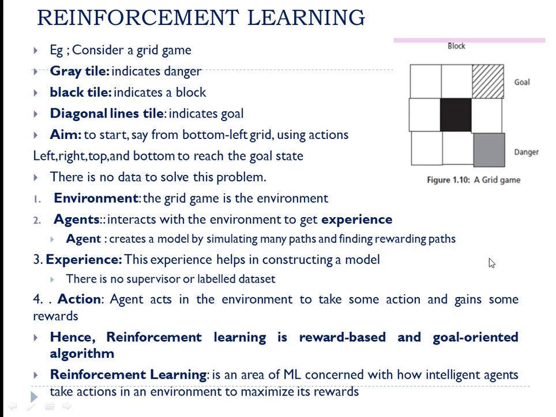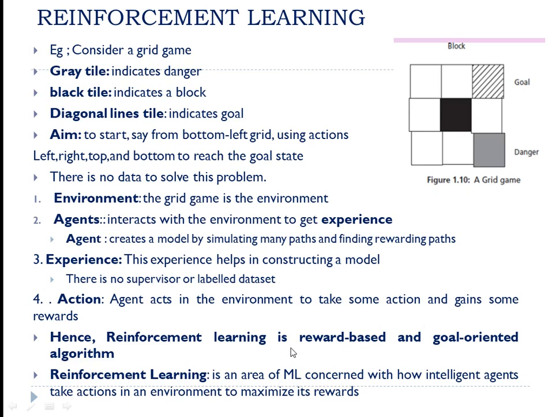The goal of this program is to find positive rewarding paths. As it goes through this grid, based upon these rewards, it goes on building its experience, and the experience will help in constructing a model. I've told you repeatedly, there is no supervised or labeled data set in reinforcement learning. And the 4th term is action. The agent will take some action based upon these rewards.